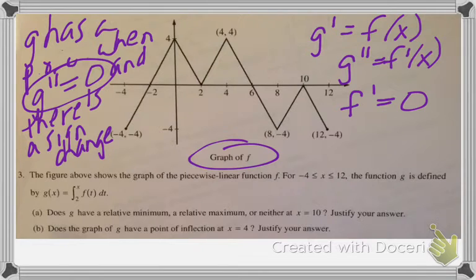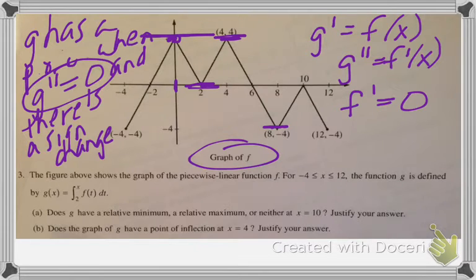For example, if you look at when x equals 0, right here, and we look up here at 4, the tangent line to the curve will be like this, and that would have a slope of 0. This also happens here, and here. At 2 also. All these different places, and there's a sign change.